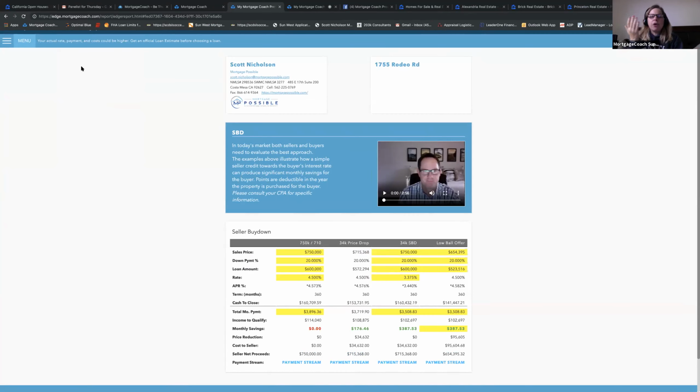Where now, if we're able to come in with a seller buy down, offering it at that same level, because if we know there's not going to be an appraisal problem in the beginning, then being able to offer the seller buy down, selling it at the same area, you're also saving that community from seeing home prices drop and people losing out on equity. So it is a win-win situation in all circumstances.